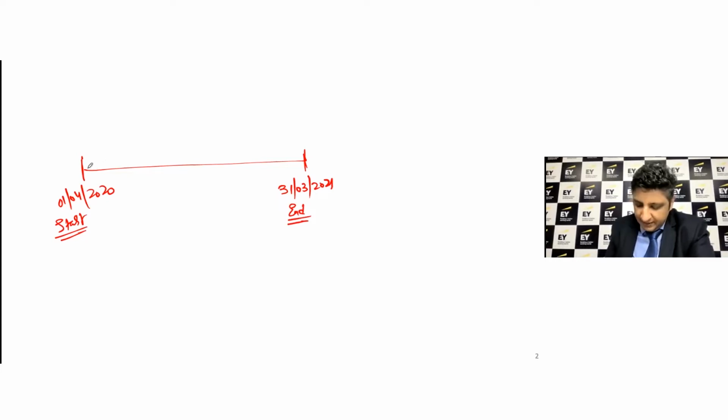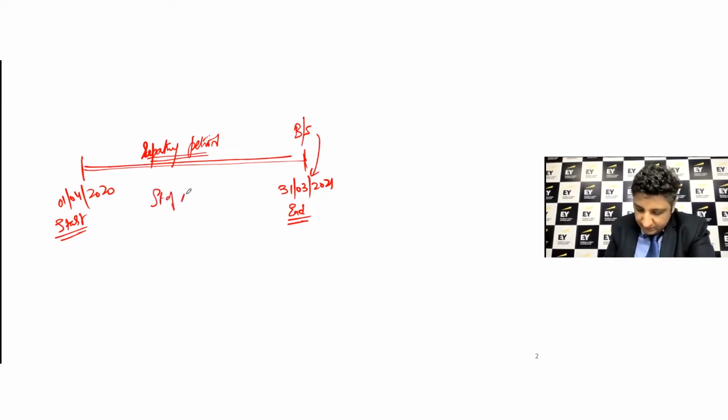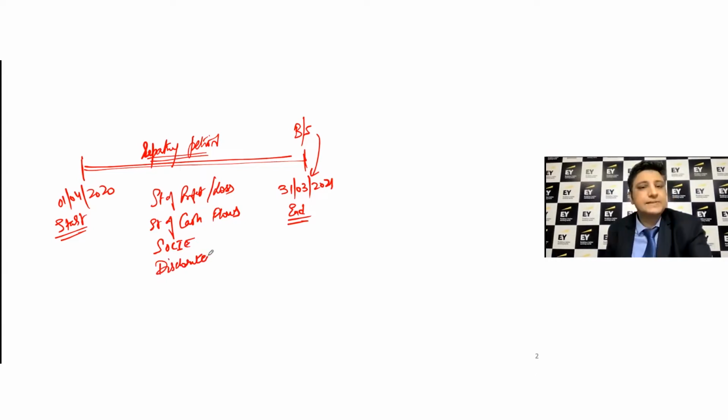I know that for this particular period, which is my reporting period, I would prepare a balance sheet as at 31st of March 21, a statement of profit or loss for the year, statement of cash flows, statement of changes in equity, and of course, disclosures, right?